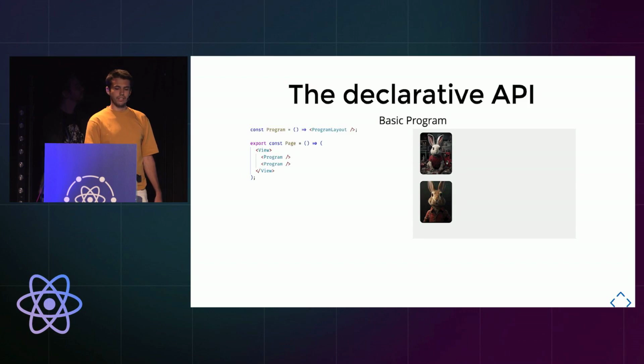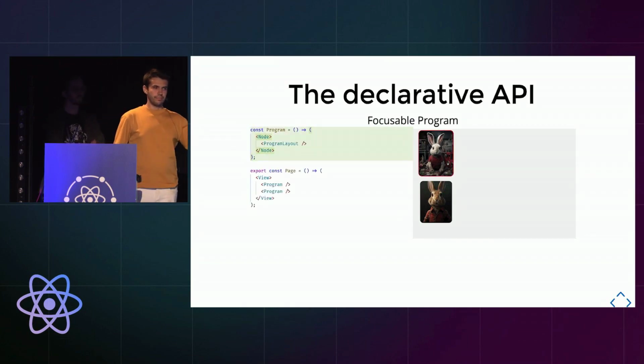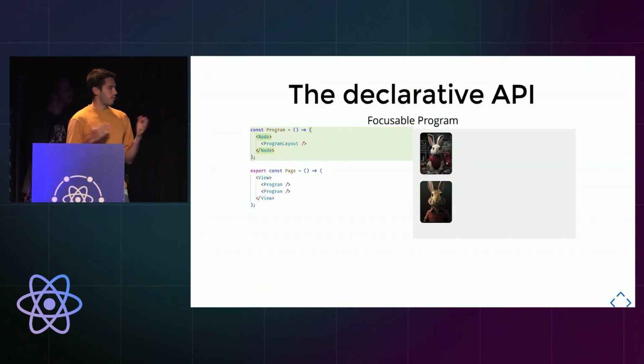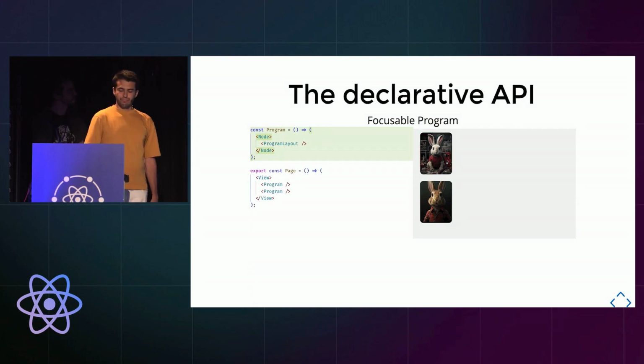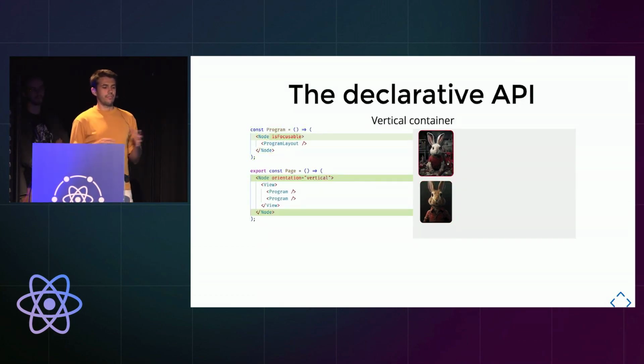So to make it interactive, we can wrap our program with a node. A node is what we'll use everywhere to describe the spatial layouts. So this node means that the program is focusable. But it can also describe the layout of the element.